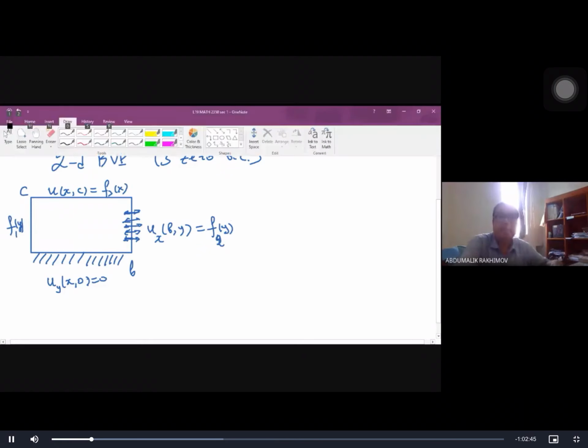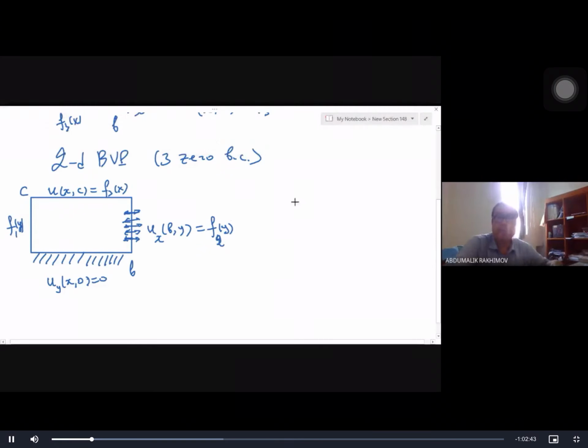Another example is this plate, let it be B and C. For example, heat isolated here, isolated here, and here just the function is given.